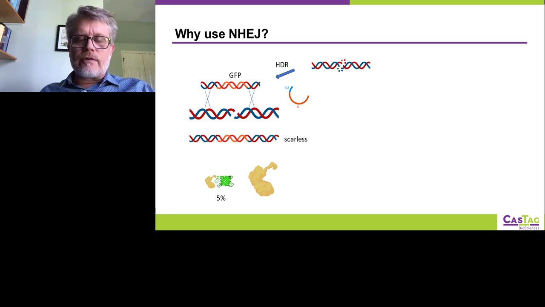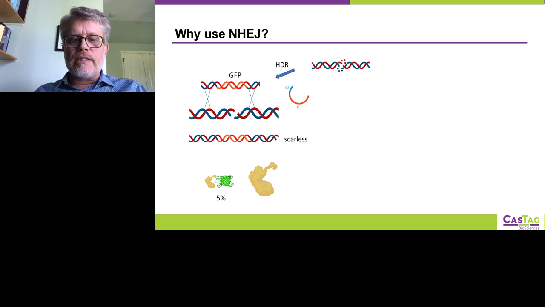Somewhere between 30 to 40% of the time that you have the insertion, you can have scarless integration just like you have with HDR. The rest of the cases, you can have small insertions or deletions at the junction between your gene of interest and, in this case, green fluorescent protein.